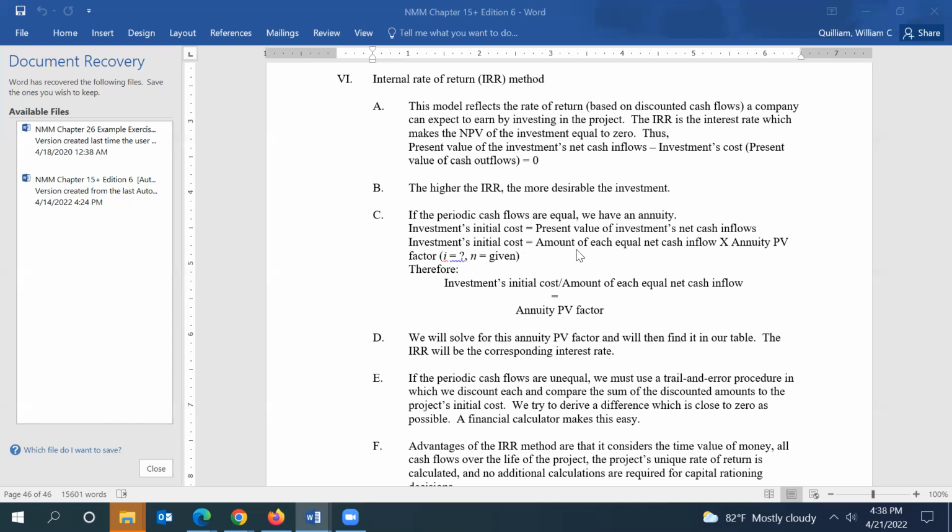And if I expand that, right-hand side, present value equals the amount of each equal net cash inflow times the annuity present value factor. We won't know the interest rate, but we will know the number of periods. We're going to go through a little bit of a trial and error process to find the interest factor that corresponds to an interest rate, and that interest rate will be the internal rate of return.